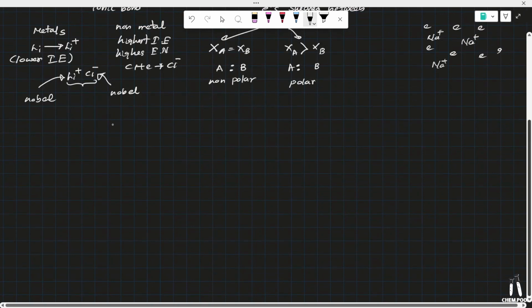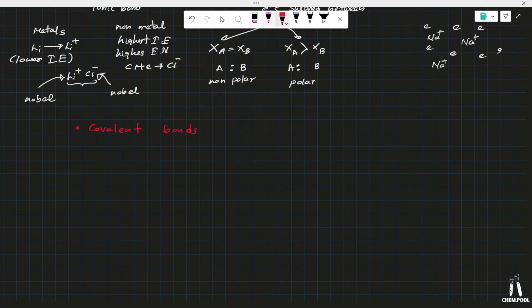Then I am going to move to the next topic, that is covalent bonds, right? What happens in covalent bonds? Electrons are shared between two atoms in the molecule.